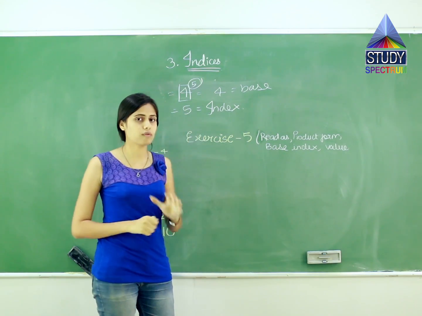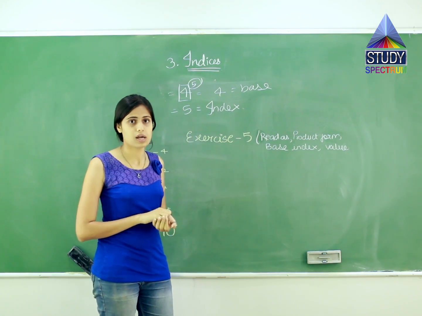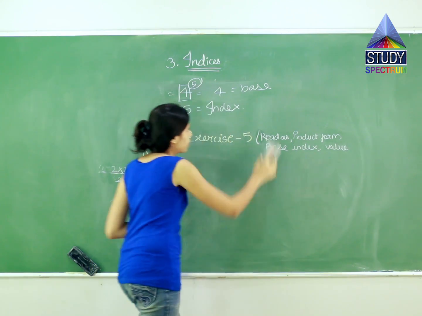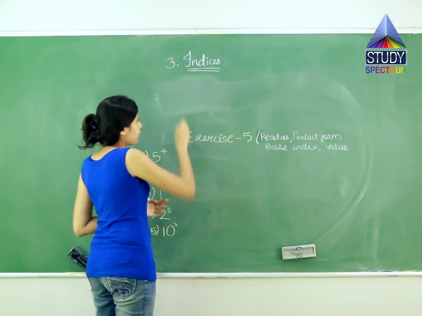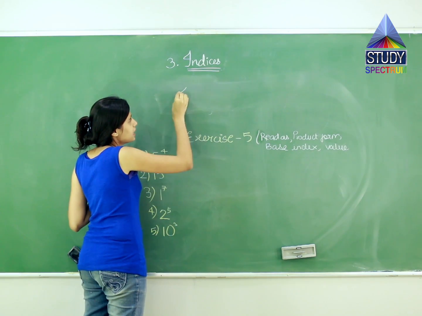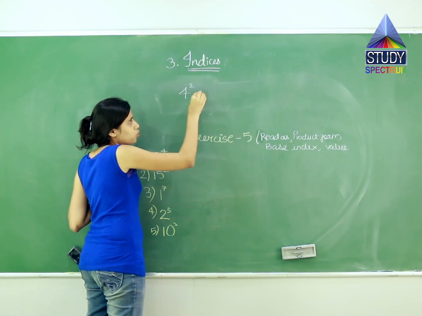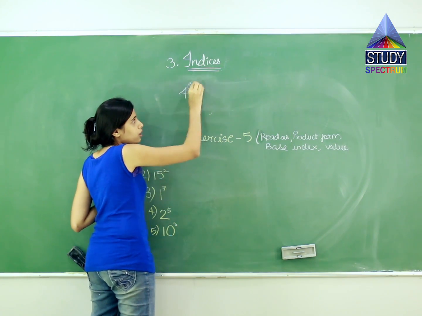Now we have understood what is indices. Now how to solve this type of questions, that also we will understand. Like in squares and square root we have learned, if there is any number, for example 4 raised to 2, we multiplied 4 two times, because over here we have 2.